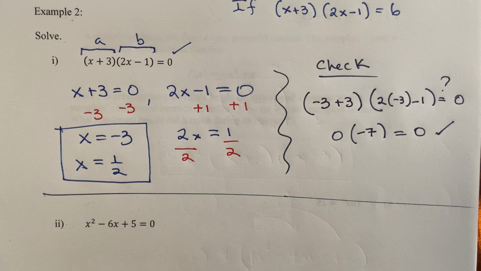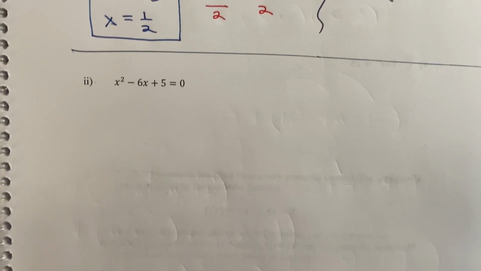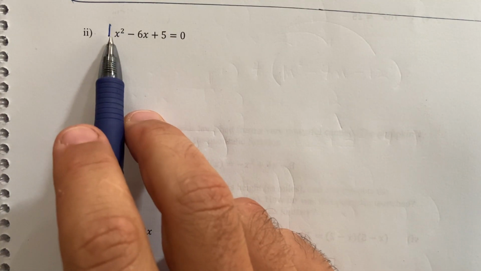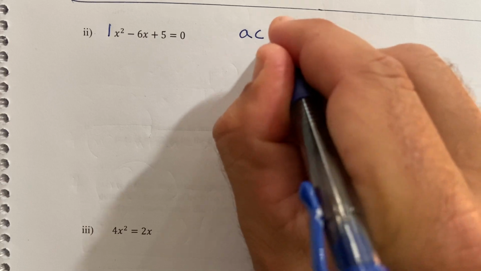Okay, so part 2 is our first glimpse at one that isn't already factored. So what I'm going to do is factor it first. It's already set equal to 0. So if I factor the left-hand side, then I'll be able to use the zero product property. So the way I was emphasizing was this A times C approach.